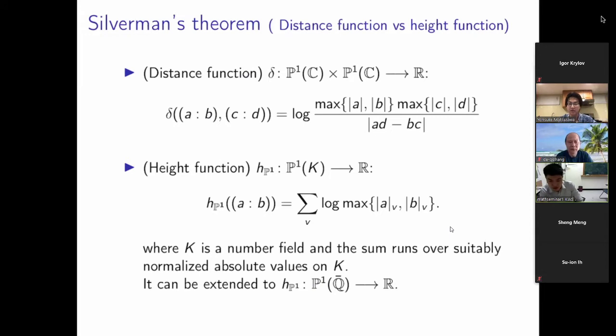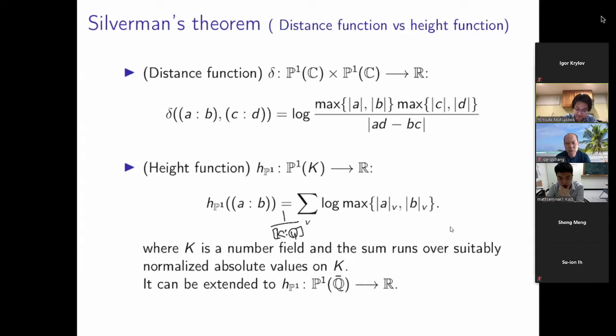Sorry for the interruption. I have a question. For the height function, I remember you need to add the degree of the extension. Yeah, that's right, but I normalize the absolute value so that we don't need it. Okay, so that's a probable convention.